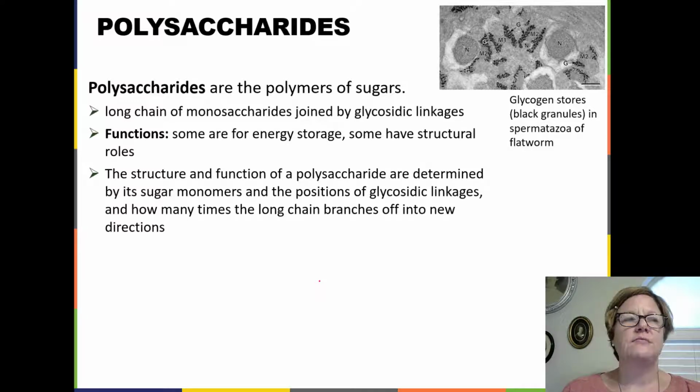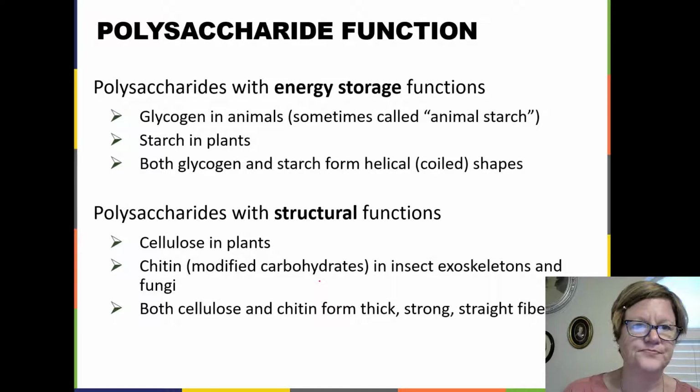Some of them form structural parts of the cell, like rigid structures that serve structural purposes in the cell. And some polysaccharides are used for energy storage. So those are really the two things: plant or animal cells, and is the polysaccharide used for energy storage or for structure?